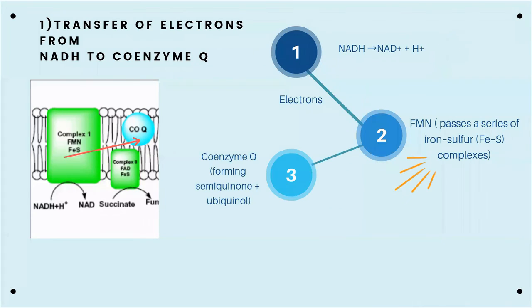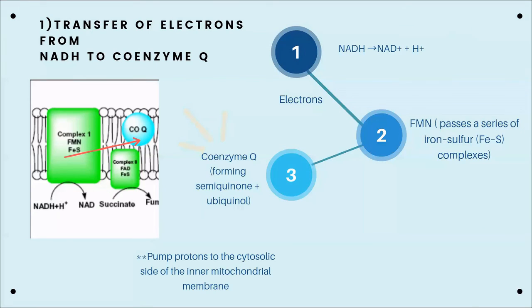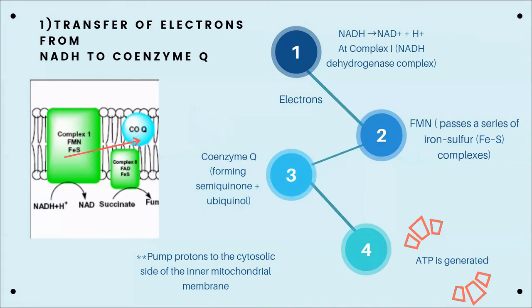FMN passes the electrons through a series of iron-sulfur complexes to coenzyme Q, which accepts electrons one at a time, forming first the semiquinone and then ubiquinol. The energy produced by this electron transfer is used to pump protons to the cytosolic side of the inner mitochondrial membrane. As the protons fall back into the matrix through the pores in the ATP synthase complex, ATP is generated.